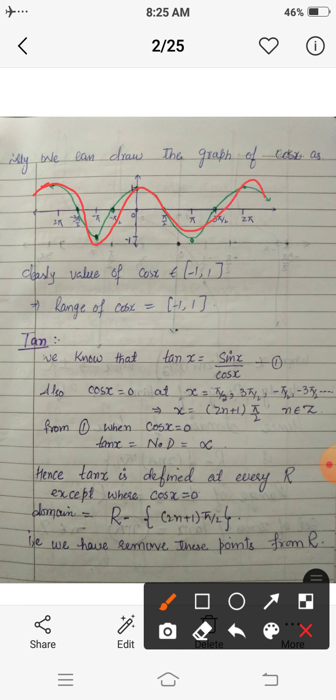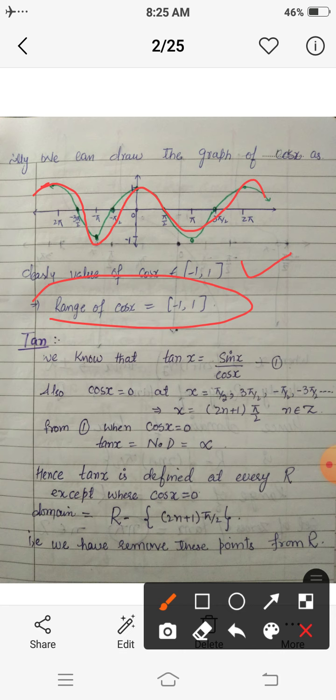Here, clearly from the graph, the values lie within -1 and 1. So the value of cos x is always between -1 and 1 for all x belongs to R. Hence the range of the cos function is the closed interval -1 to 1.